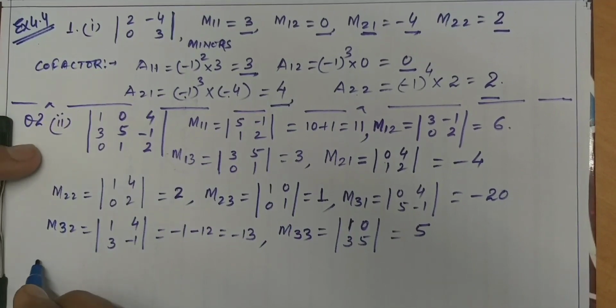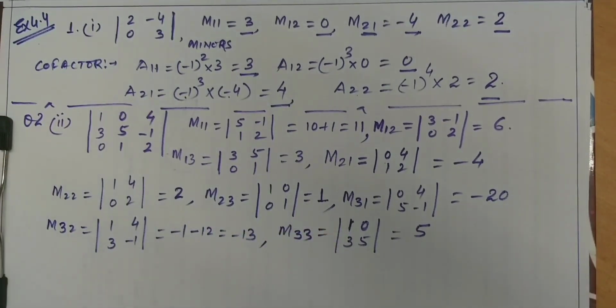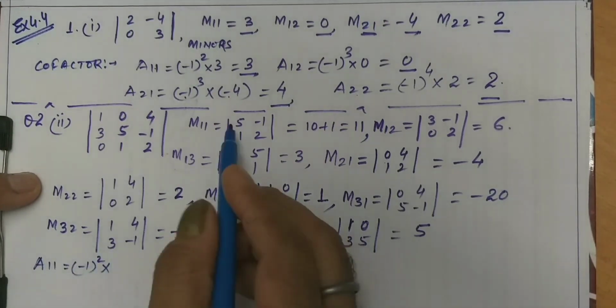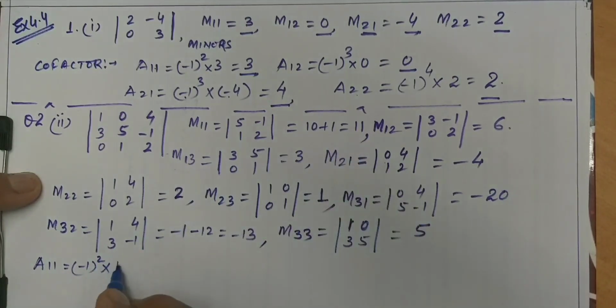Now for cofactors, our work has reduced to some extent. Now we need to take only the signs. So A11 is equal to minus 1 to the power 1 plus 1, 2 into this we have got 11, so which is equal to plus 11.